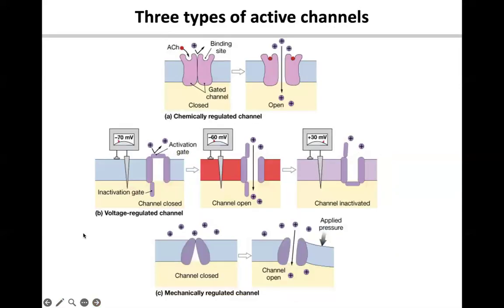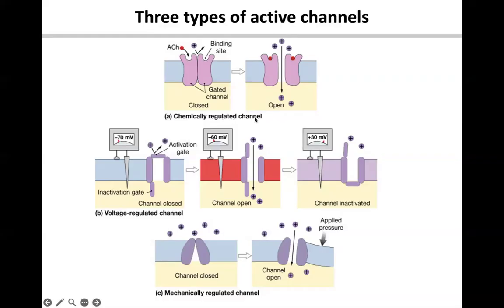Okay, so now we are learning why these sodium and potassium ions channels open. There has to be some sort of stimulus that causes these changes. And the reason why this happens is because of these active channels. Okay, so we have three different active channels. One is the chemically regulated channel, the other is the voltage regulated channel, the third is the mechanically regulated channel.